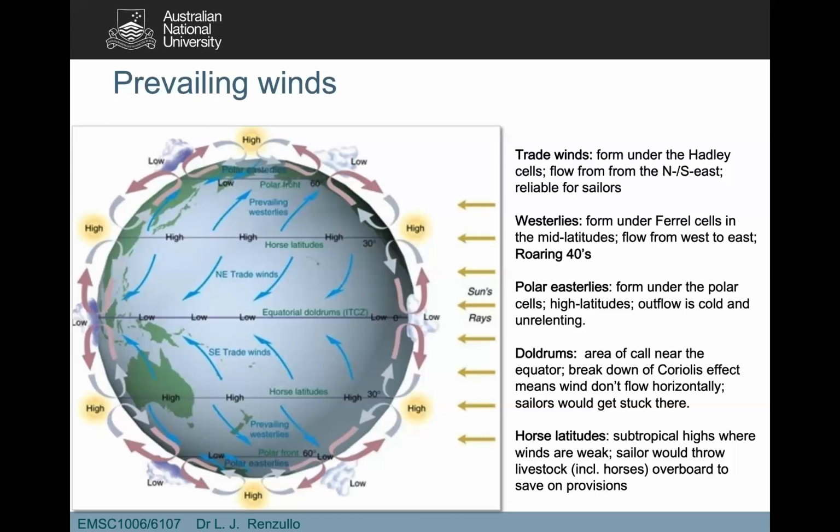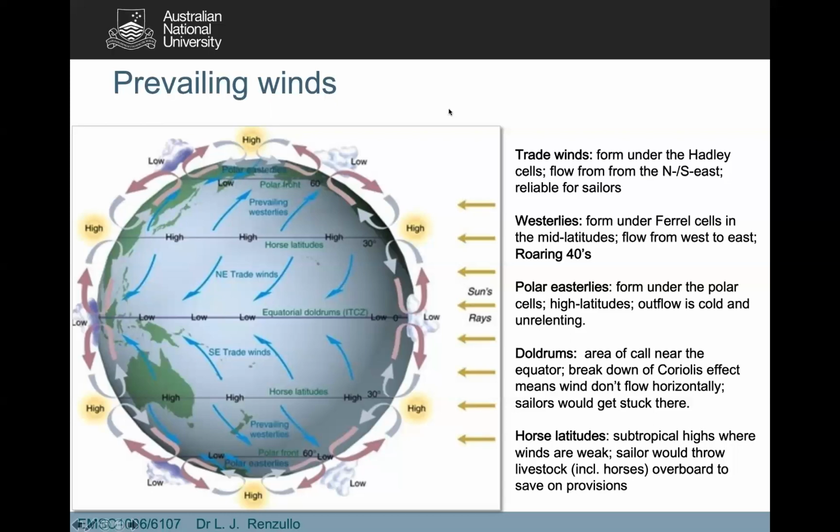Coriolis is also very weak there, but we'll come back to that later. What have I missed out? We've got the polar easterlies and the like. But basically, it's the deflection of the winds from those diverging airflows to the right in the northern hemisphere and to the left in the southern hemisphere as a result of Coriolis that define these major prevailing winds.